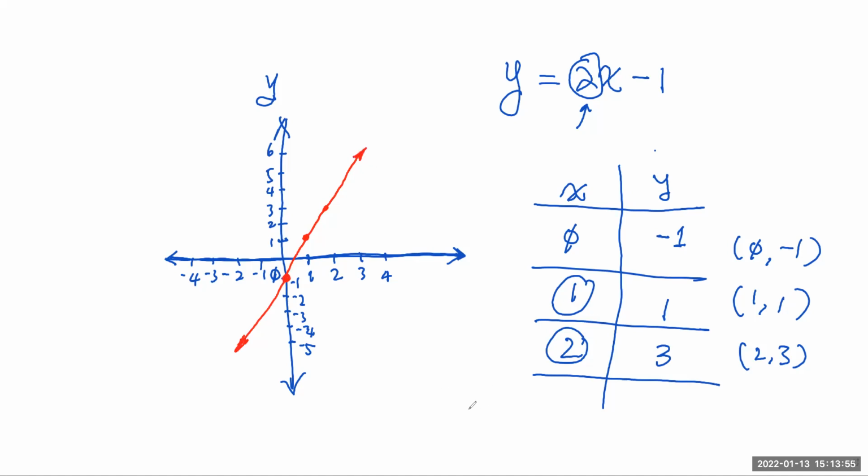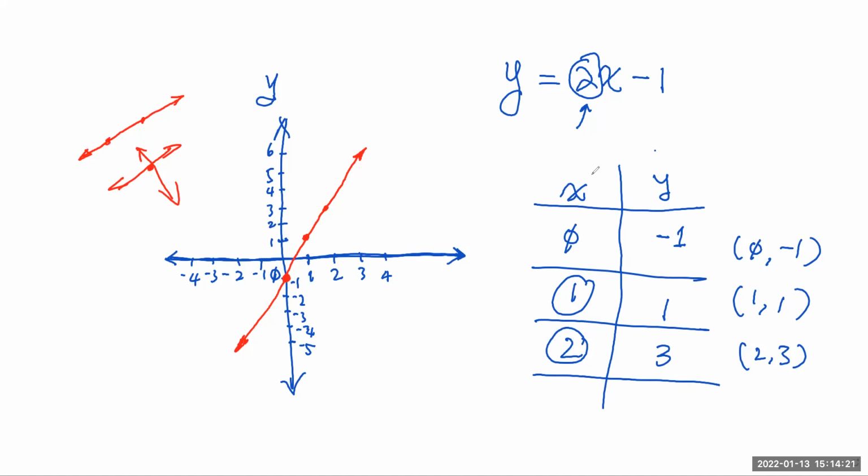Good. Okay. And because this is a straight line, it really comes down to needing just 2 points, right? With 2 points, you can draw a straight line. With 1 point, you really don't know. It could be like that, it could be like that. But 2 points basically define a line. Once you have 2 points, there's only 1 line.